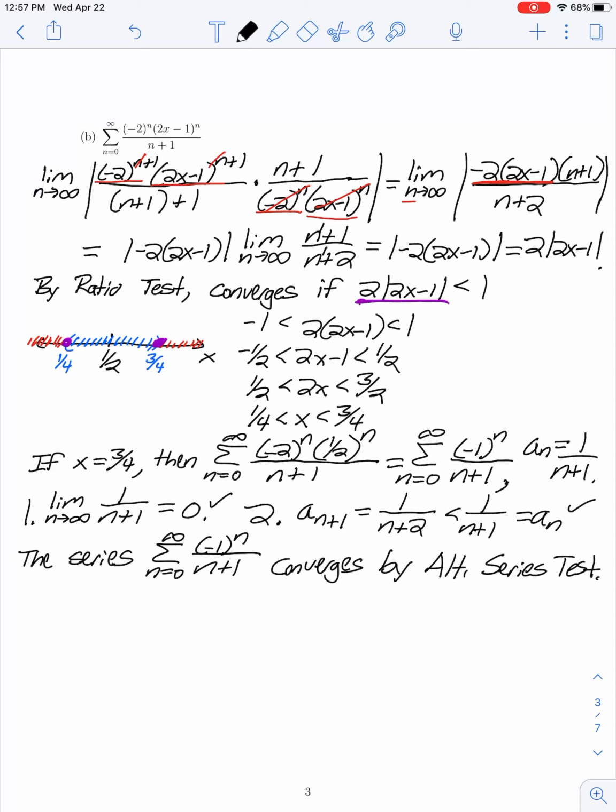Now we need to test our other endpoint, that is the left endpoint of this interval, which was x equals 1/4.